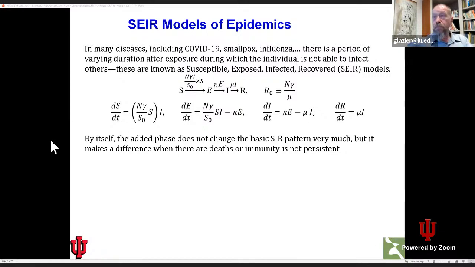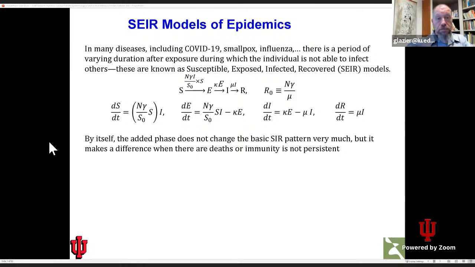SEIR epidemic models have an additional phase, which is called exposed, where you go from susceptible to exposed to infectious to resistant. That exposed phase is the period between the time you have somebody cough on you and the time that there's enough virus in your system that you can infect somebody else.